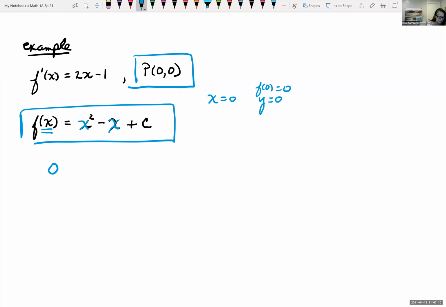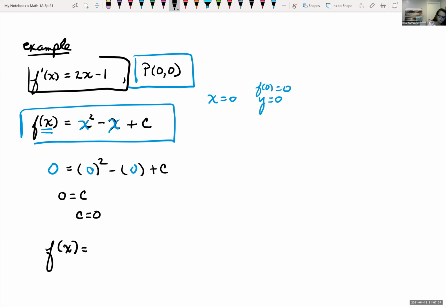We get 0 is equal to 0 squared minus 0 plus c. Just plugging in my x value and my y value and then solving for c. So 0 is equal to c. So c is 0. The original function that would give me this derivative and has the point (0, 0) would be just f of x is x squared minus x.